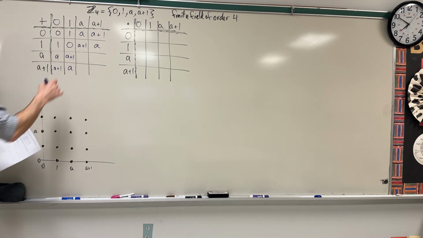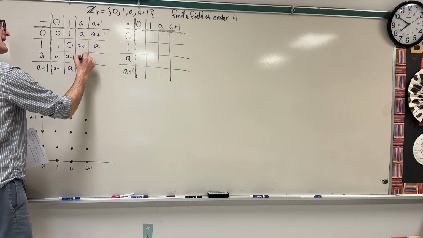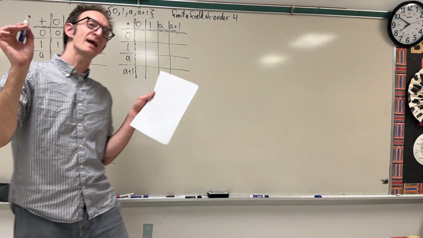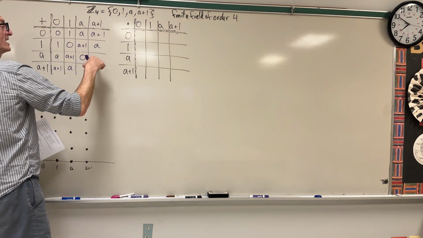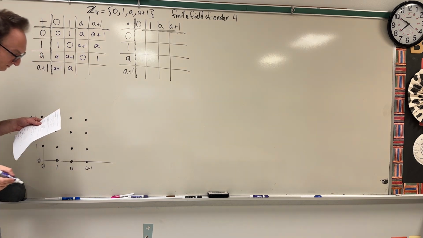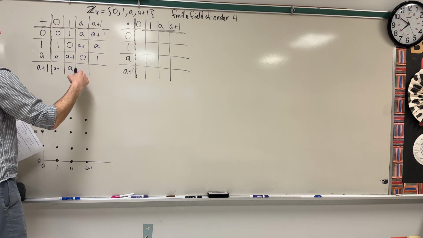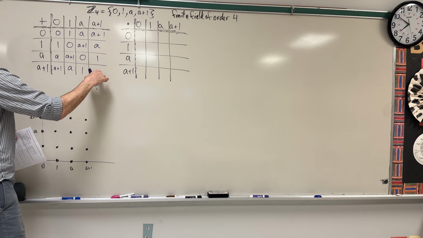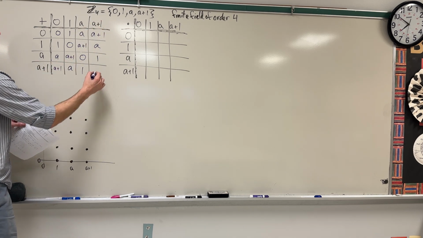What happens when you add A and A? Well, this one's maybe a little bit surprising, so I'll just tell you: A and A are 0. So A and A plus 1 cancels out A, and you get 0 plus 1, so that's just 1. And over here, A plus A is 0, if you remember that mnemonic. Then you get A plus 1 plus A plus 1, so that's like 0 plus 0, so that's also 0.